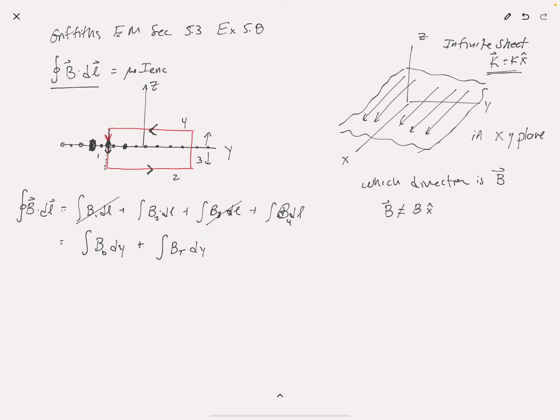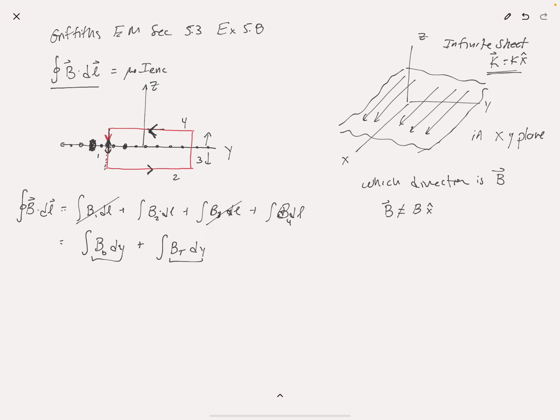And although I'm going in different directions, the magnetic field at each of these regions is pointed in different directions. So at the top, the magnetic field is pointed to the left, and I'm traveling along that. So that dot product is something that's positive, and the bottom, the dot product is something that's also positive. Right? They're both pointed in the same direction.